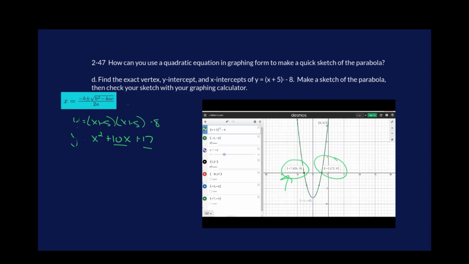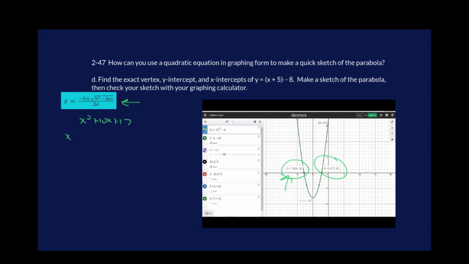If I can get the right sized eraser. Actually, there's an easier way to do it, but since I'm in the middle of it, I'll just continue. All right, let's get back to it. So here's the quadratic formula. I'm going to take the information from my x squared plus 10x plus 17 and plug it in.